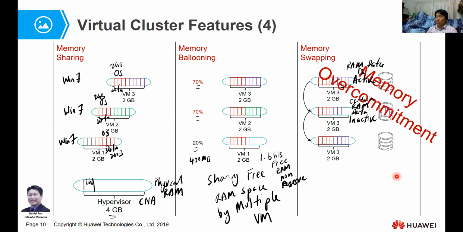So this feature is to facilitate a mixture of high RAM usage VMs and also some low RAM usage VMs. So with memory overcommitment, you can run more virtual machines in one particular CNA node cluster. They will ask in the exam, for example, memory overcommitment, what are the three techniques used? You need to answer memory sharing, memory ballooning, and also memory swapping.